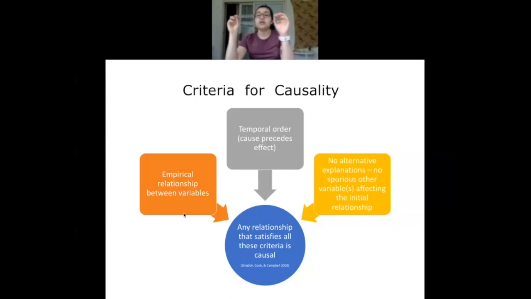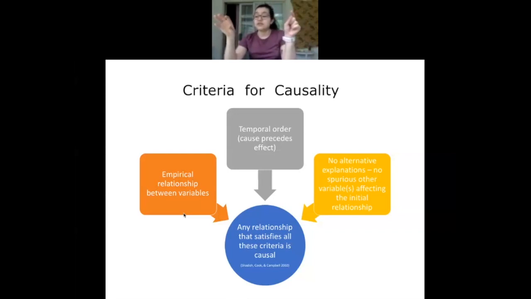So like we talked about with time, you need to be able to say that the independent variable was measured at the same time or before your dependent variable, because if not, then your temporal order doesn't make any sense.